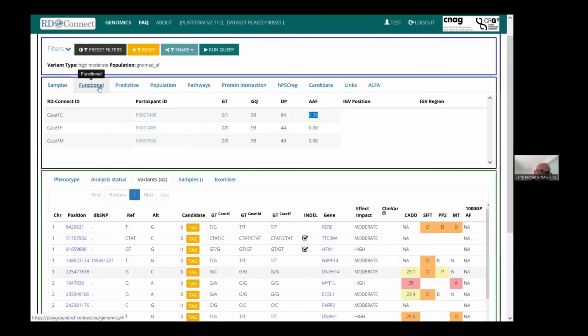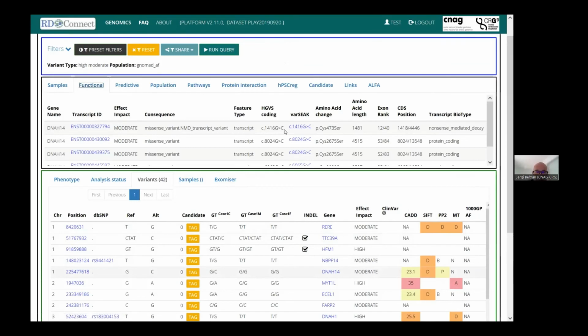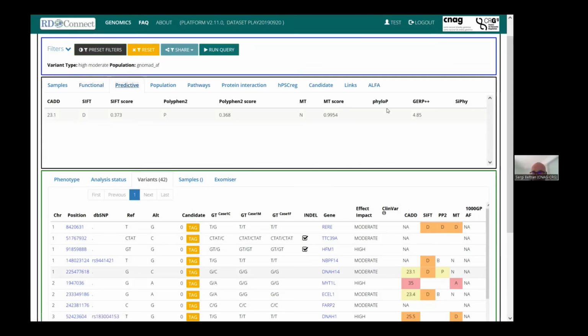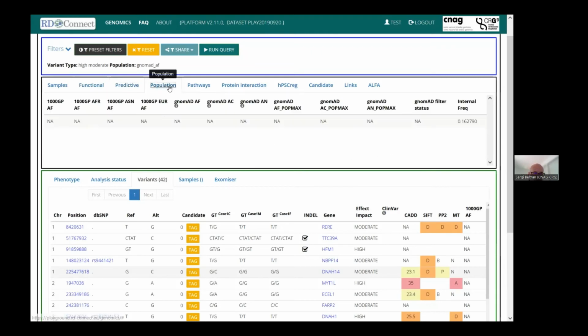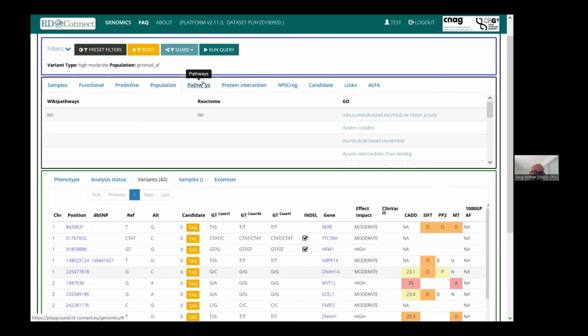But we can also go across the different tabs, and you will see functional information about these variants, the different deleterious predictors that we have in the system, and information about the frequencies of the variant. You can see that in this case, this is a very rare variant because it has not been found in the other data sets.